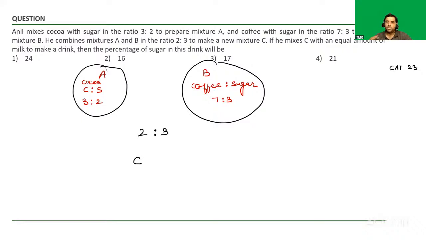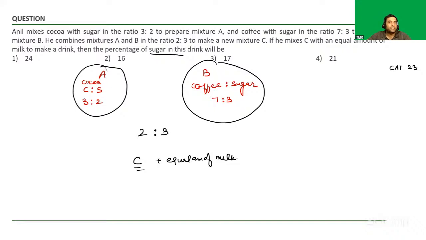After this, we have added an equal amount. So an equal amount of milk is mixed with C. And now the question is, what is the percentage of sugar in the drink?